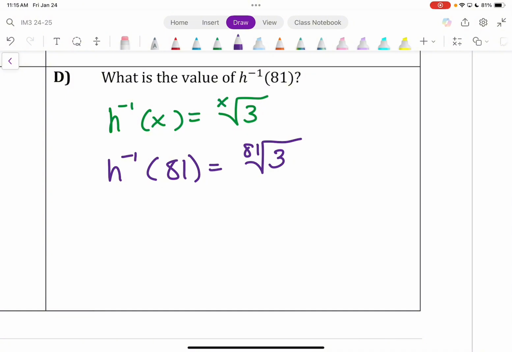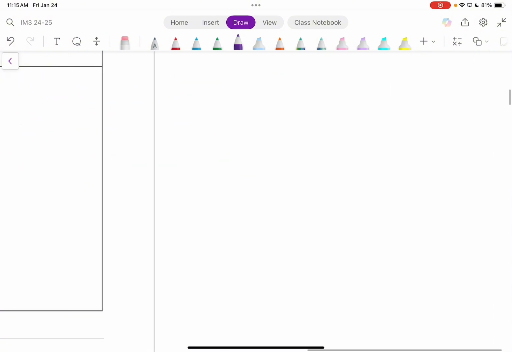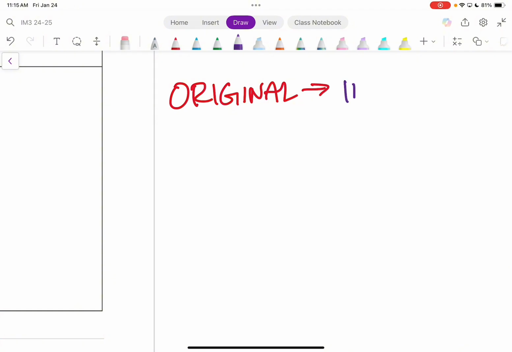So, no, we cannot evaluate the 81st root of 3, but we can use our knowledge of inverses and originals, right? So, we know that we have the original, which we can then take its inverse. Now, if I have the input of an inverse, what is an input of an inverse in relation to the original?